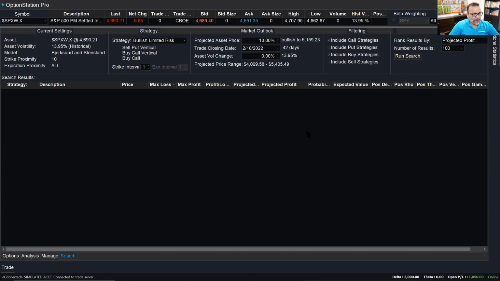We can say it'll go up 10%. That's a pretty hefty movement, right? 5% movement. You did say that the volatility, now the volatility according to this is 13.95. Do you think that that is accurate?